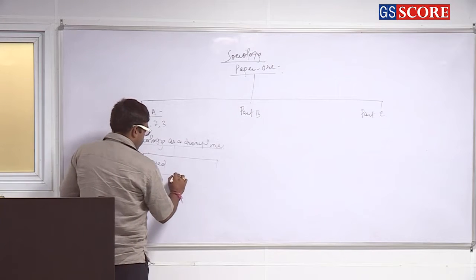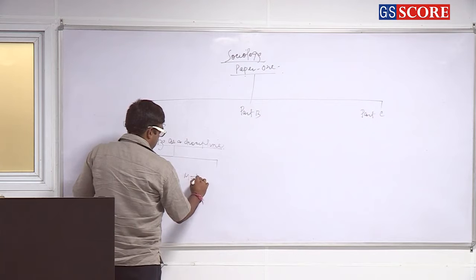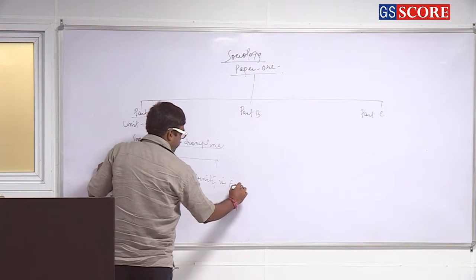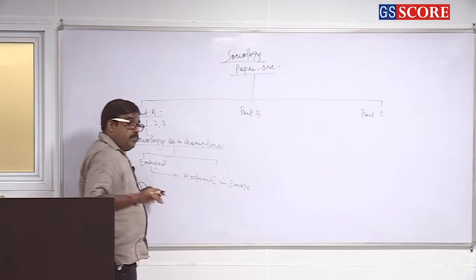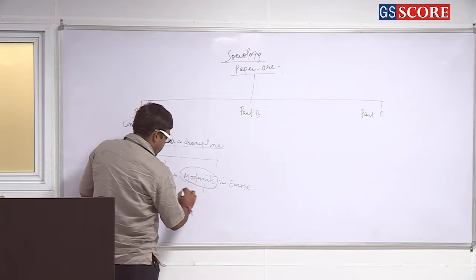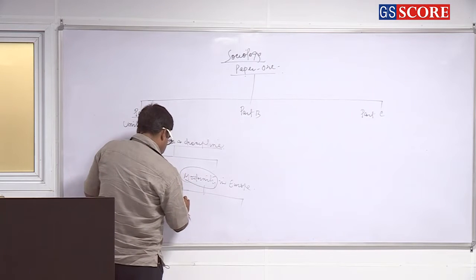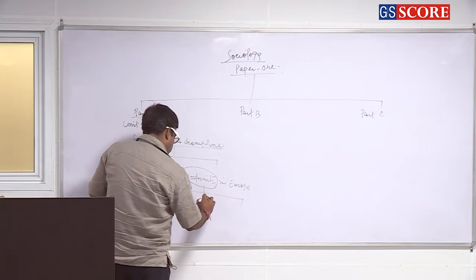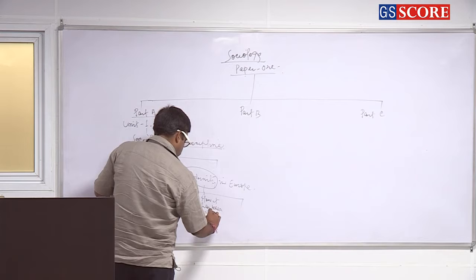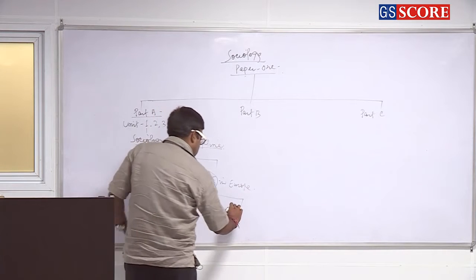That has to be viewed within the light of modernity in Europe. Thus, what we first have to do is understand modernity in terms of how it has been viewed, and what the components are.